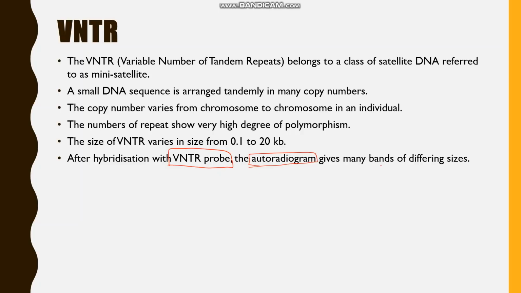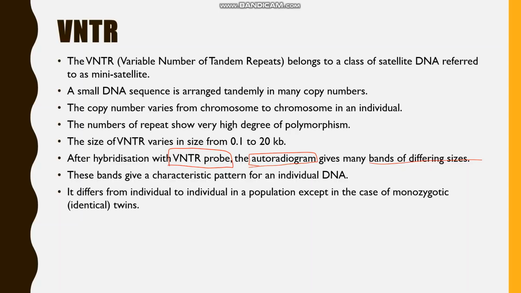In the autoradiogram, it gives the bands of DNA molecules of different sizes. These bands give a characteristic pattern for an individual DNA. It is unique to the individual. So this is known as DNA fingerprint.